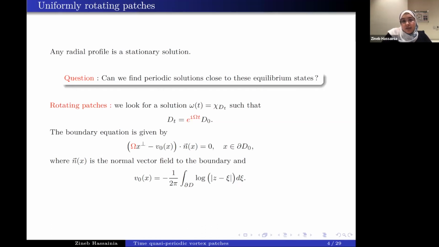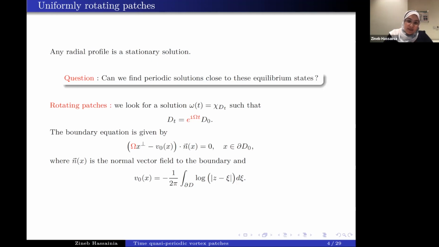So the natural question is, can we find a periodic solution close to those equilibrium states? As a particular case, we may consider rigidly rotating solutions, where the domain at time t is just a uniform rotation of the initial domain around its center, which I'm fixing here to be the origin.